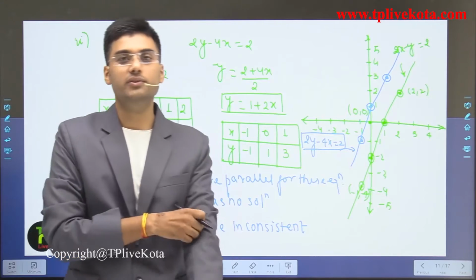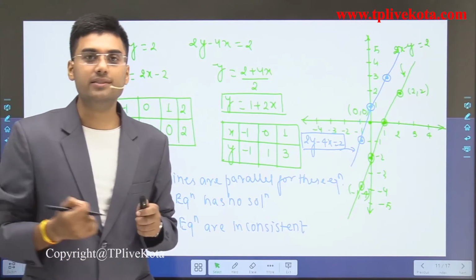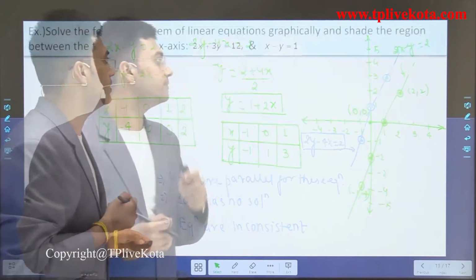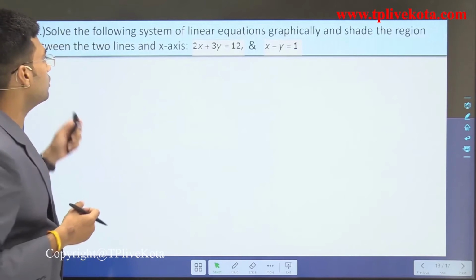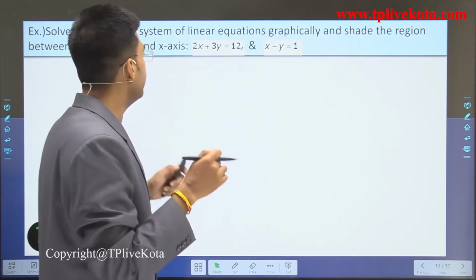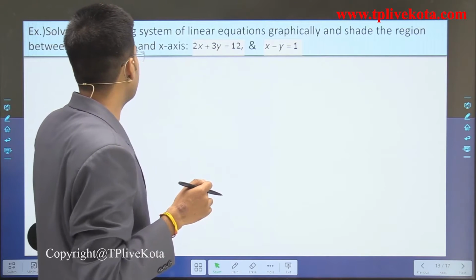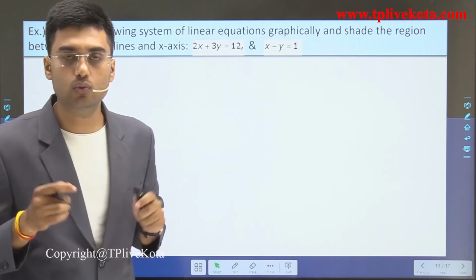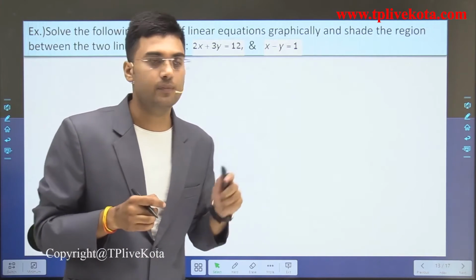So after this question, let's move to the next question: solve the following system of linear equations graphically and shade the region between the two lines and the x-axis.